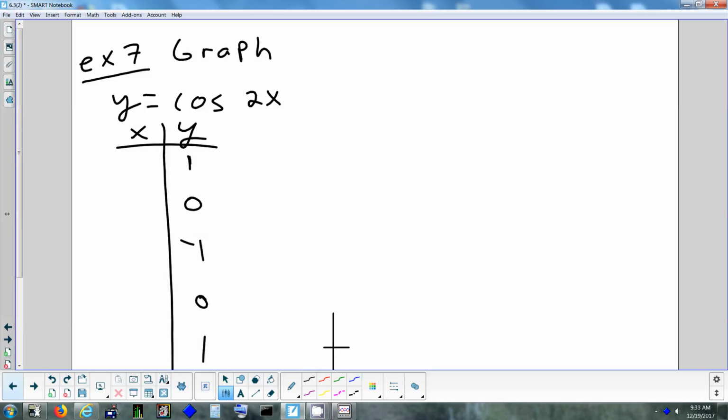Okay, now I'm going to take all my original x values, and what am I going to do to them this time? Yeah, I'm going to divide them by 2 or multiply them by a half. So you might notice the first one is always 0. If you take 0 and you double it, you take 0 and multiply it by a third, it's still 0.